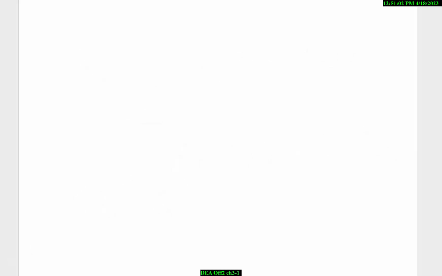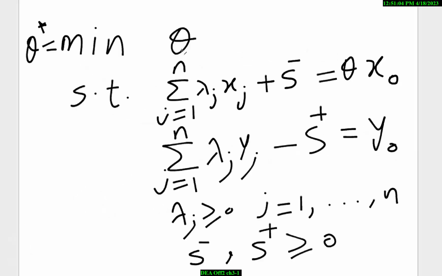Note that by minimizing theta, we find a combination of inputs and outputs which belong to the production possibility set, where this combination is less than or equal to theta star x.